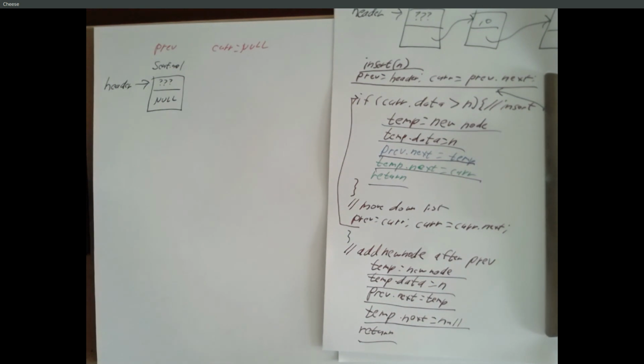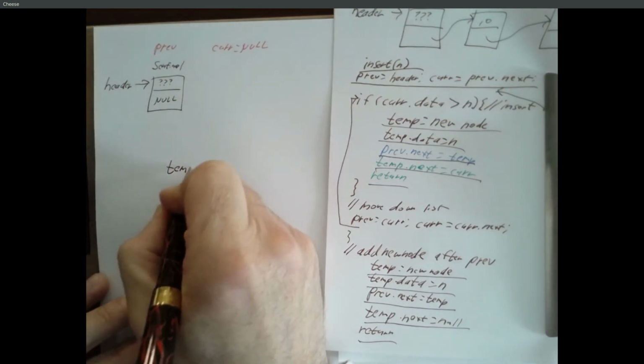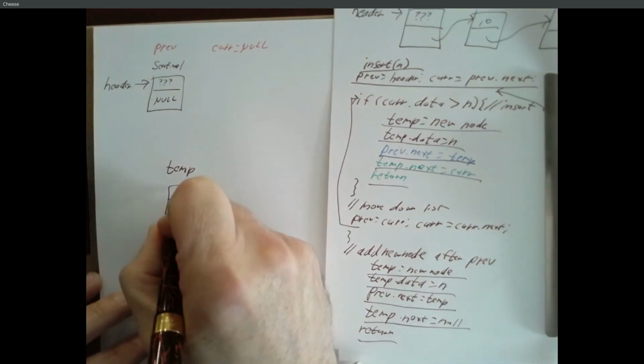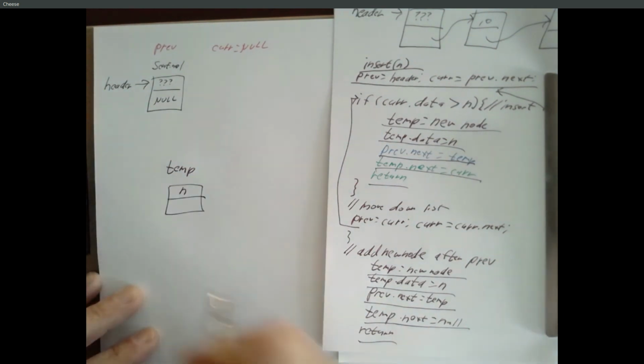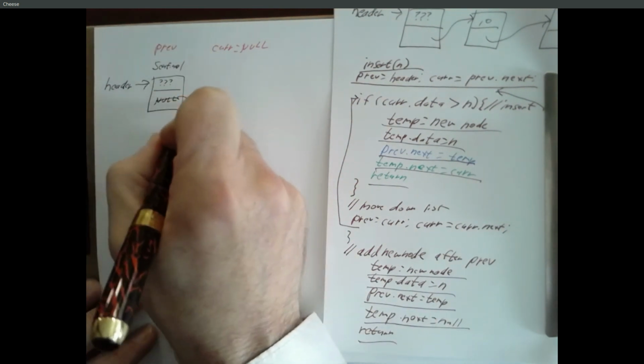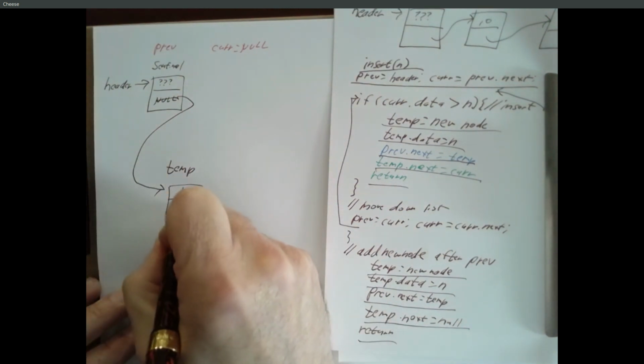So this is inserting into an empty list. Let's see what the code does. It says temp equals a new node. Set the data equal to n. Set the previous next equal to temp. Well, previous is the sentinel, so we change that next to point to temp. And then set temp.next equal to null.